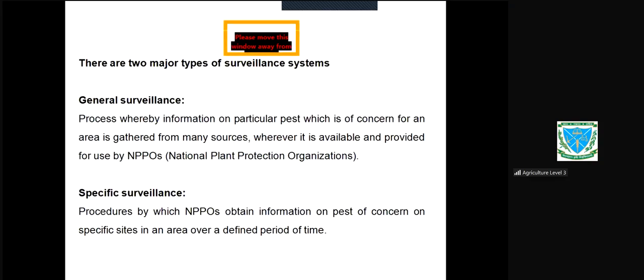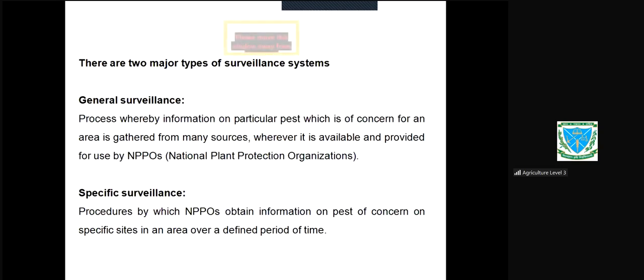This is a process whereby information on a particular pest, say for example rice bug, which is of concern for an area. If this rice bug is devastating, then it will be of concern. It is gathered from many sources.